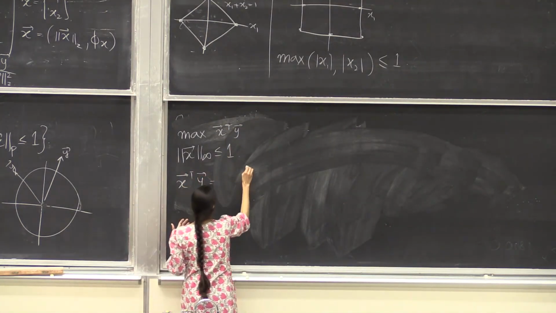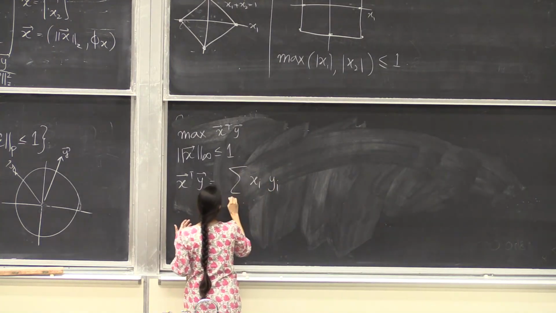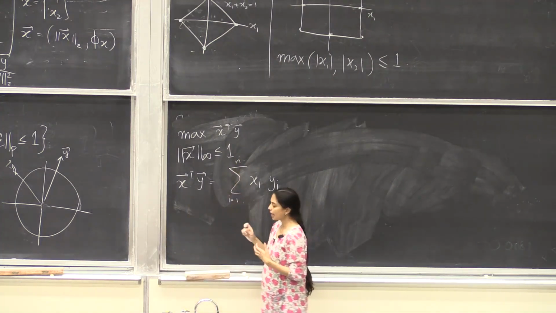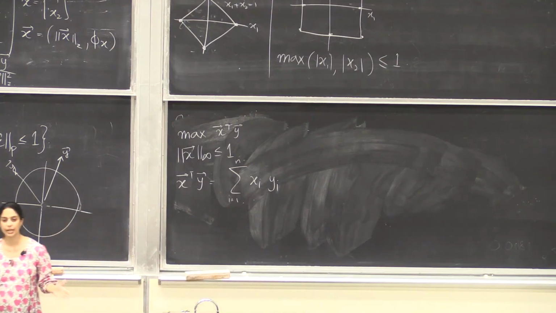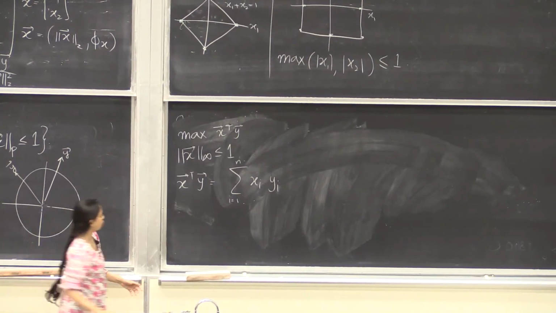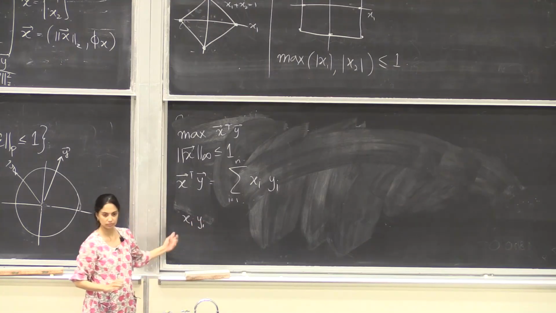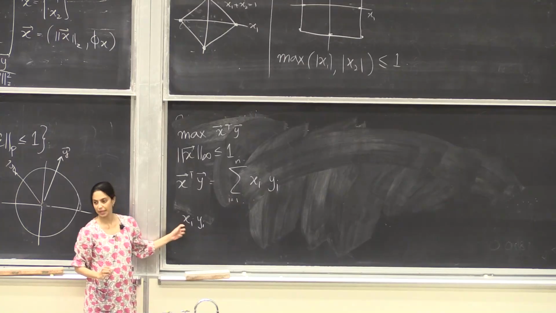is again equal to the sum of xi yi. And now if I just think about xi and yi, what is the maximum and minimum value of xi yi, given the constraint on my xi's?